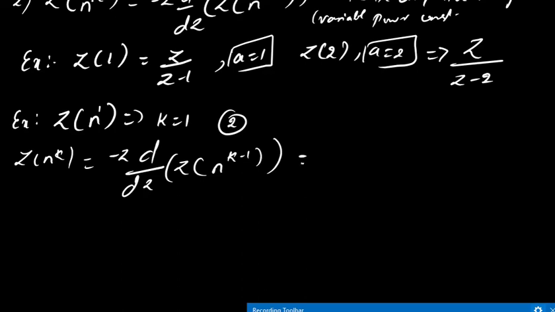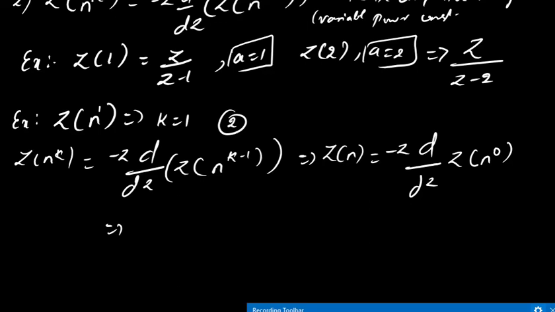Since k is 1, this is rewritten as Z transform of n equals minus z d by dz of Z transform of n power k minus 1. K is 1, so 1 minus 1 gives n power 0, that is equal to Z transform of 1. So minus z d by dz of Z transform of 1.